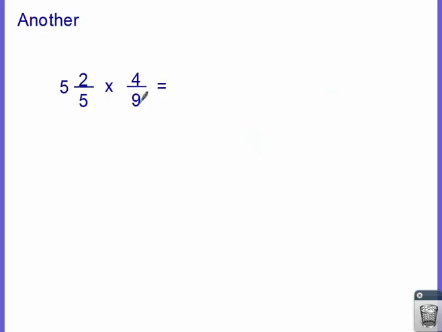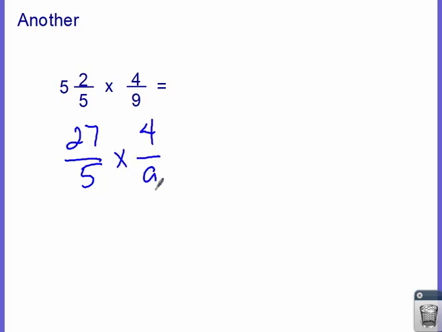Well, I got one of them, but this one here I don't have. So I need to turn this one into an improper fraction, but this one I don't need to do anything with. So I take this one. 5 times 5 is 25, plus 2 is 27 over 5, times, and this one, like I said, we leave it alone.